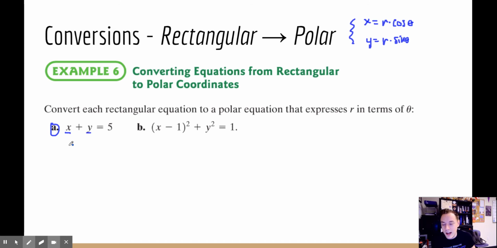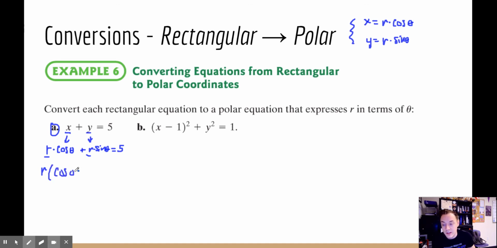Anyways, x and y, what is x? It's r cosine theta. So r cosine theta. I'm actually just going to substitute that in. What is y? y is plus r sine theta. And this equals 5. Now, when I get to this part, then you have to start using your algebra. What is common in both terms? Well, r is common in both terms. So that means I'm going to factor that out.